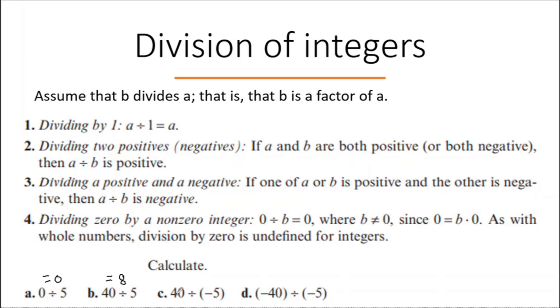And letter C, 40 divided by negative 5 is also possible for integers, and it will become negative 8. And letter D, negative 40 divided by negative 5 is also possible, where in fact the result is positive 8.